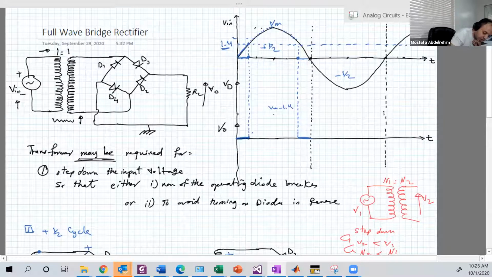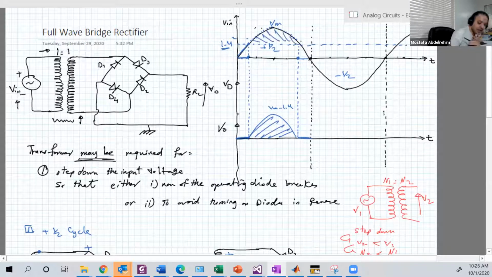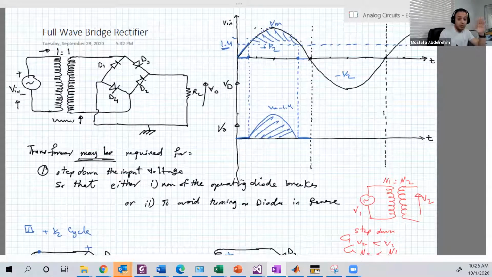And you continue the same way. So you will have that shape here, which is exactly this one. Just cut it from here and put it in VO. And we finish the positive half cycle.